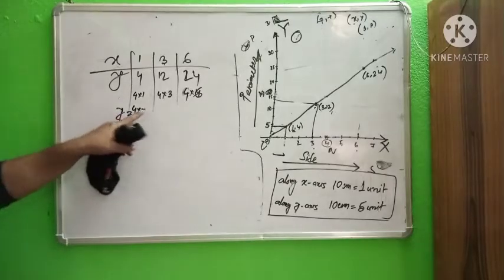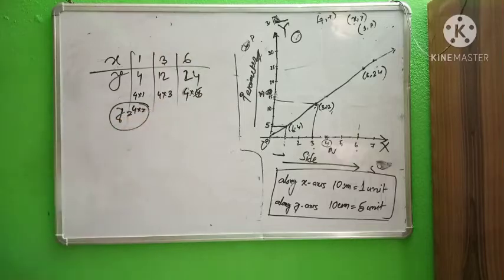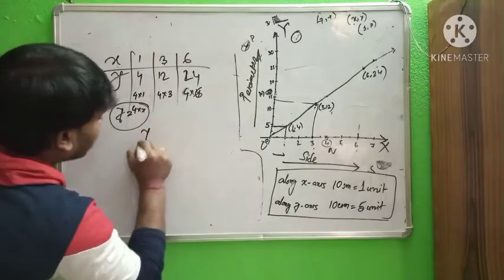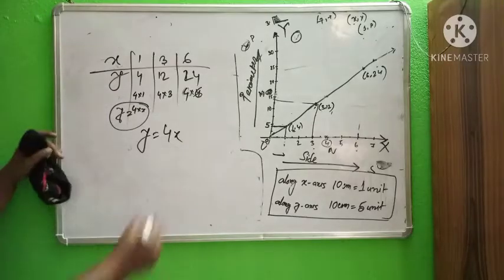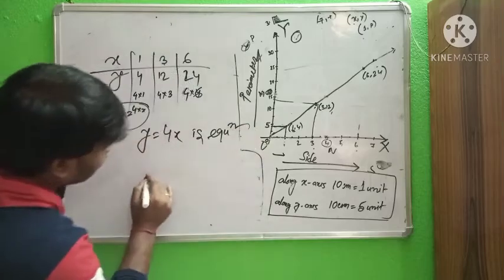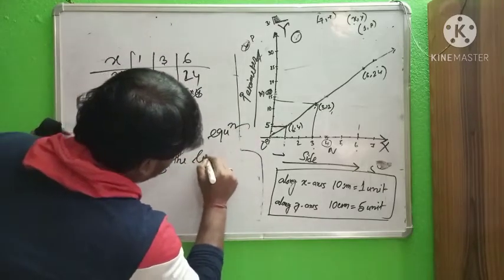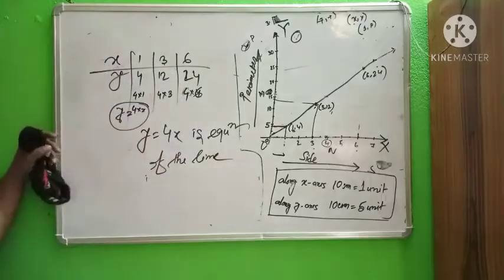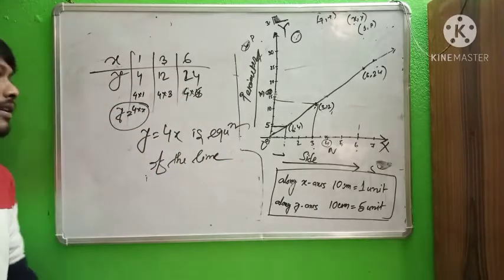We can define the relation of all values y equal to 4 into x. That means y equal to 4x is the equation of the line given in the graph paper. So y equal to 4x is the line.